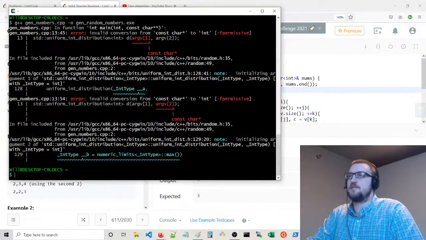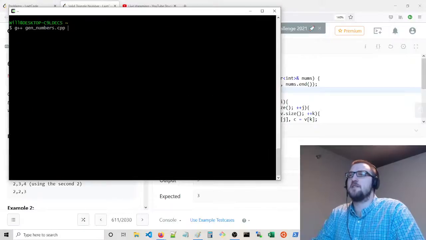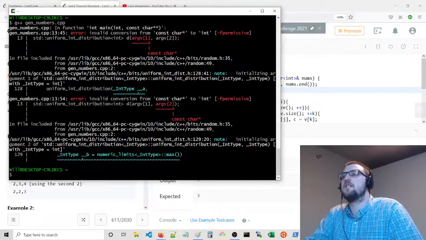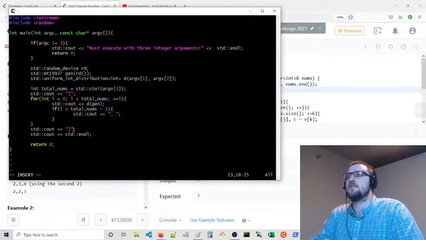I thought it might not compile. Usually there's some error when I try to compile. Oh yeah, these are strings, right? Makes sense. I want to use standard stoi. Forgot. It's my mistake.